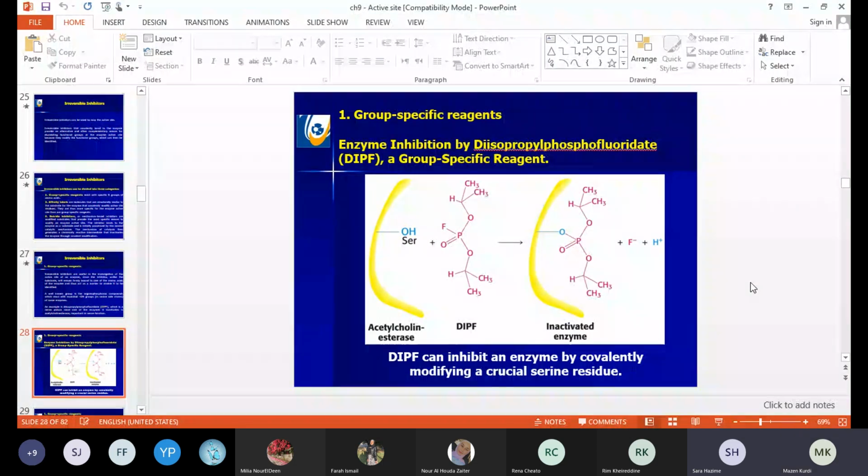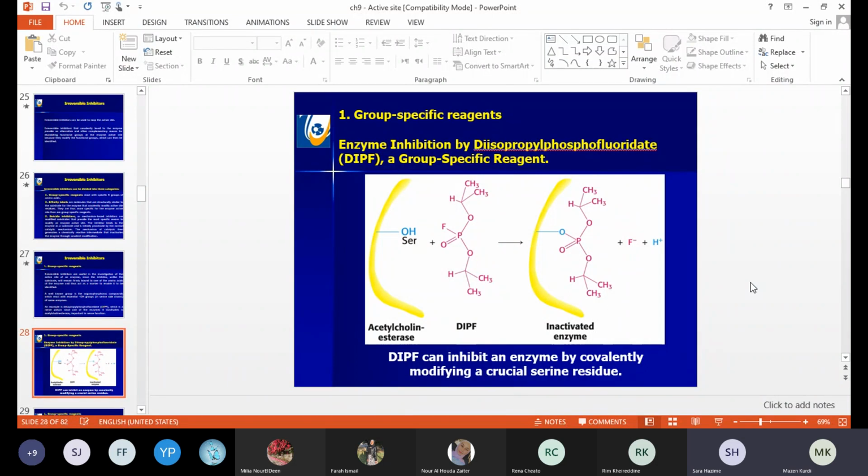For example, acetylcholinesterase has as an amino acid in the active site the serine, which has an OH group. And we have a group-specific reagent, DIPF, diisopropyl phosphofluoridate, that will interact directly with the hydroxy group of a serine.